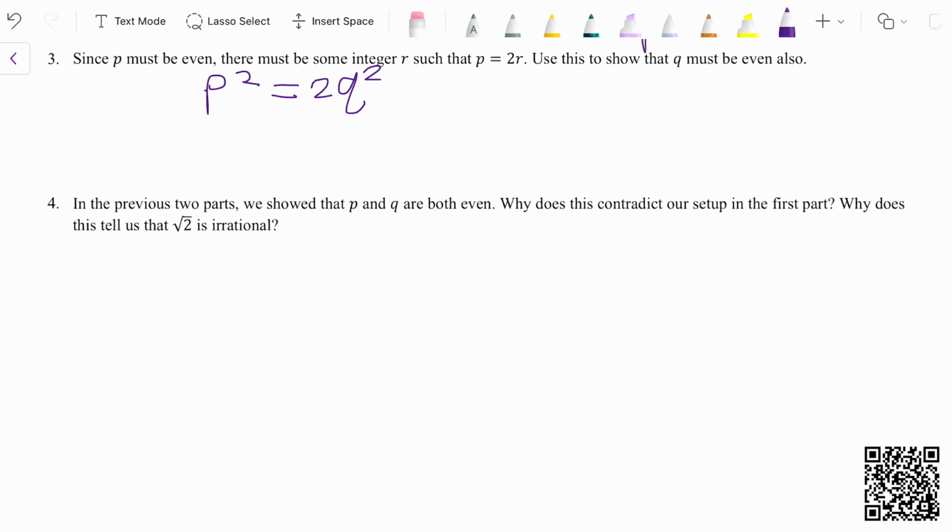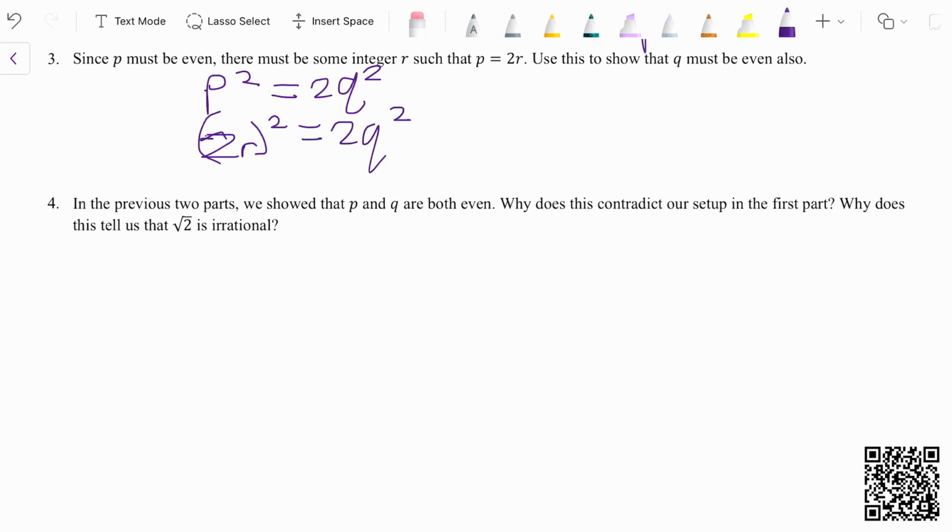So if we do this, we don't know if r is even or odd. It can be either, but that doesn't really matter in this case. So 2r squared is equivalent to 2q squared.